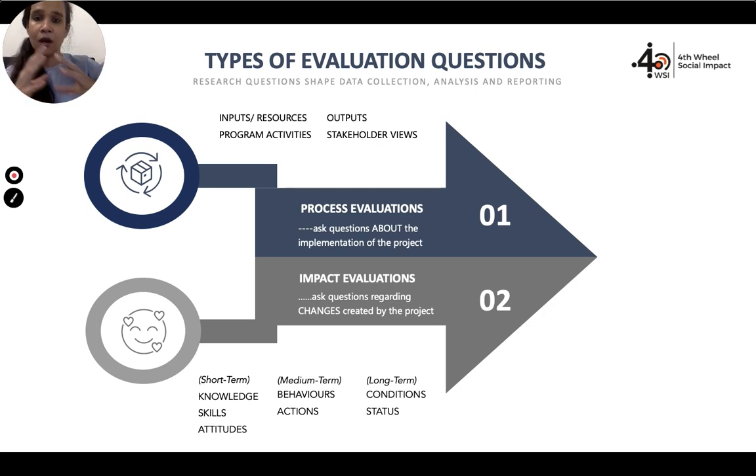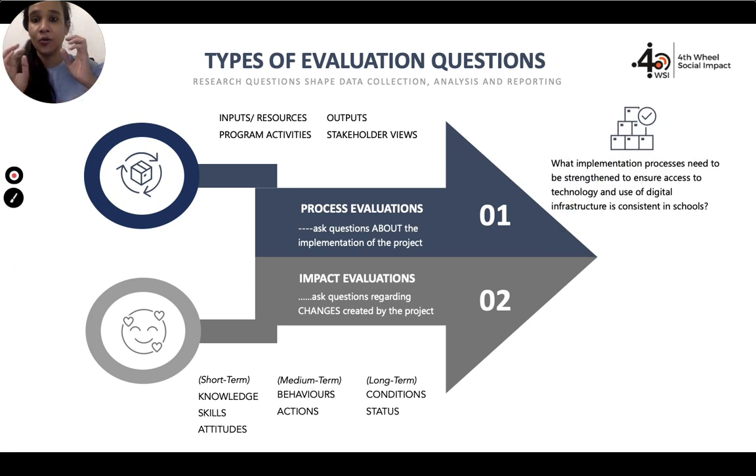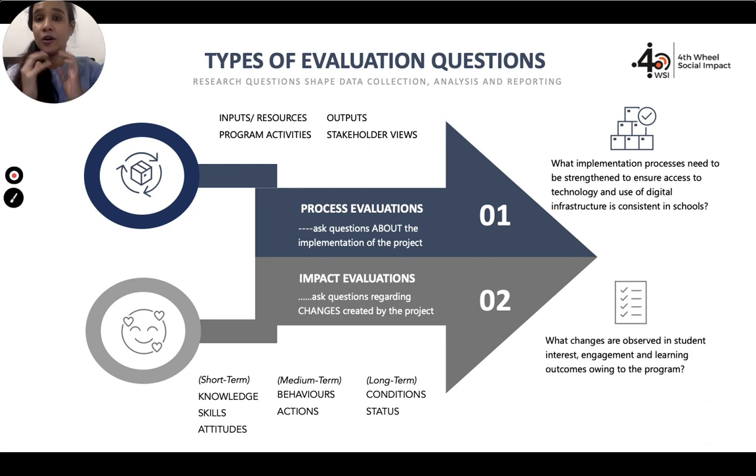So if you're looking at a process evaluation question for our case study, we will say, what implementation processes need to be strengthened to ensure access to technology and consistency in the use of digital infrastructure in schools? Whereas for impact evaluations, we're asking about what changes are observed in student interest, engagement, and learning outcomes.